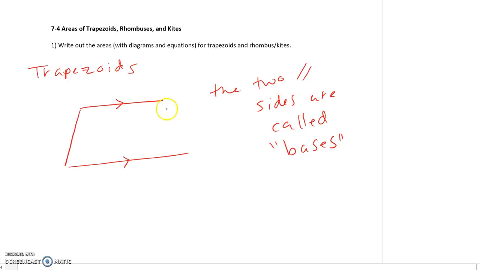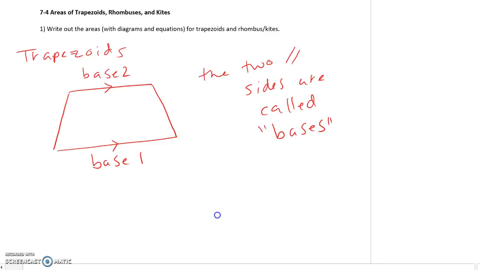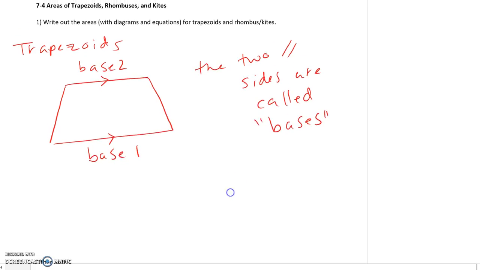We usually name them base 1 and base 2. It doesn't really matter which you call which. If the parallel ones were sideways, those would still be the bases. So when we talk about bases, we're not talking about top and bottom, we're talking about the two parallel sides.